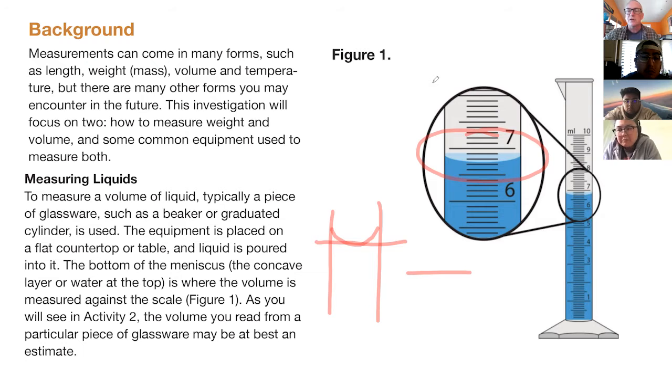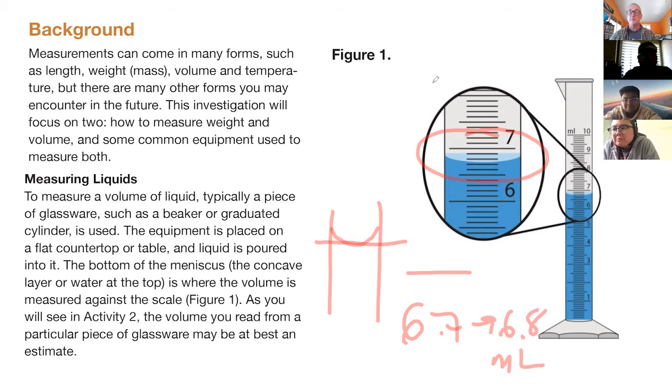Okay. So you're saying that because to you, it looks like the meniscus is about halfway between 6.7 and 6.8, right? Mils?